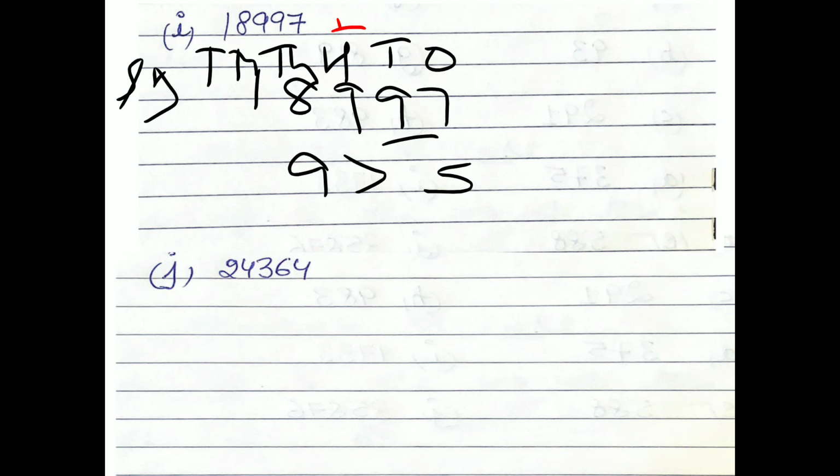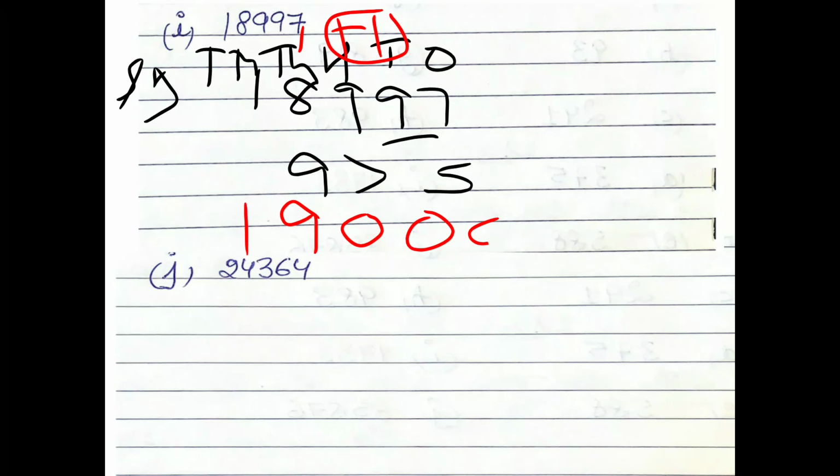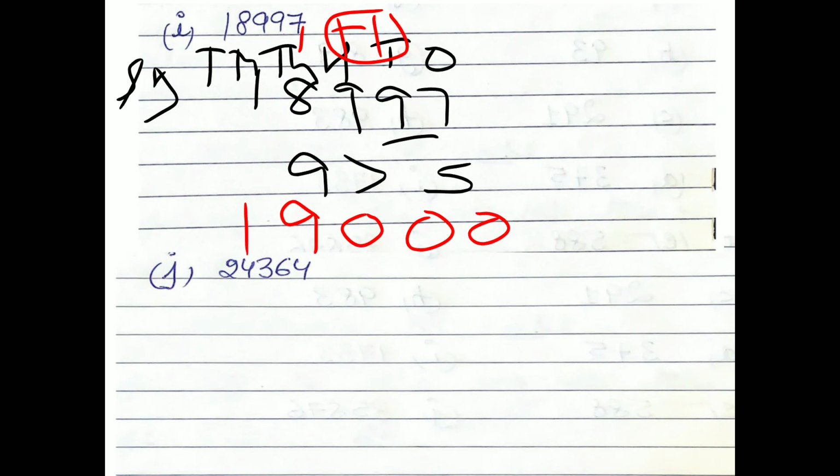Yes. You add 1 on the hundreds place. Beta, when you add 1 on the hundreds place, it becomes 10. So this 9 becomes 10. So 1 will go on 8. It becomes 9. 1 will come as it is. After that, all the numbers become 0, 0. Clear?